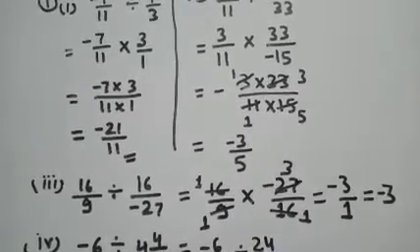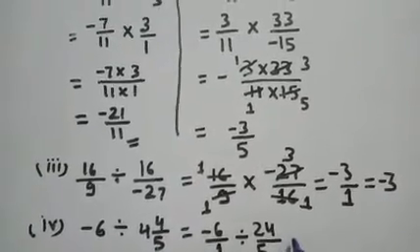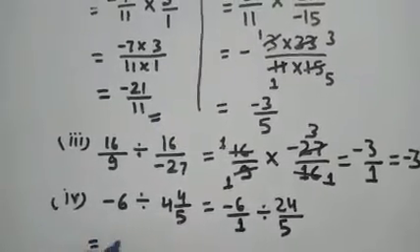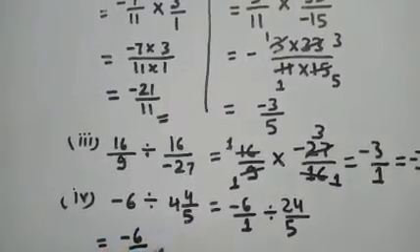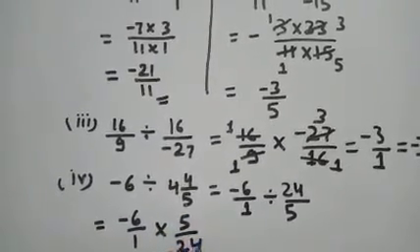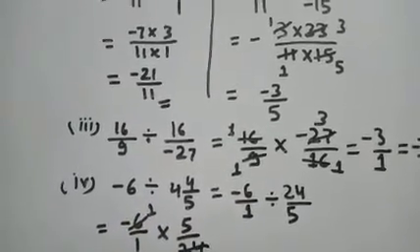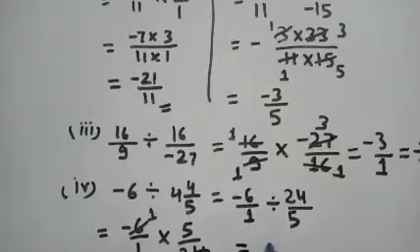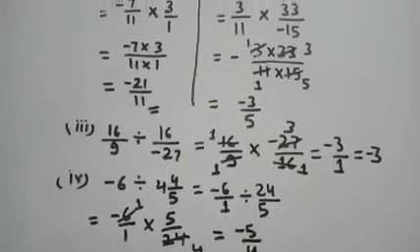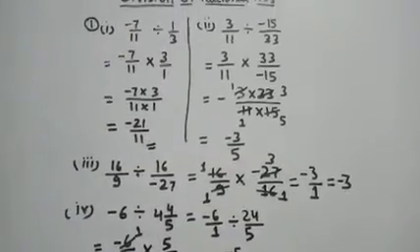This is the improper form of the mixed rational number. Now use the process: minus 6 upon 1 multiply 5 upon 24. 6 ones are 6, 6 fours are 24. Now the result is minus 5 by 4. So student, I hope you will understand the summary of these questions.